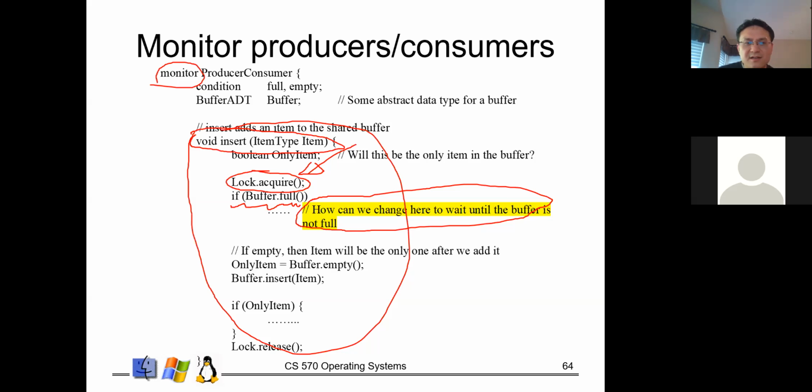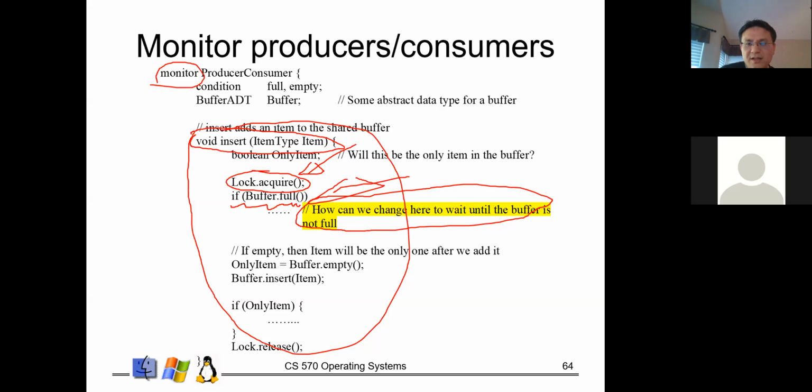So the question here is how do we block a thread and put it to sleep inside a critical section? In the monitor concept, when we put the thread to sleep, we need to have this thread or process relinquish or give up the lock it holds to the monitor.